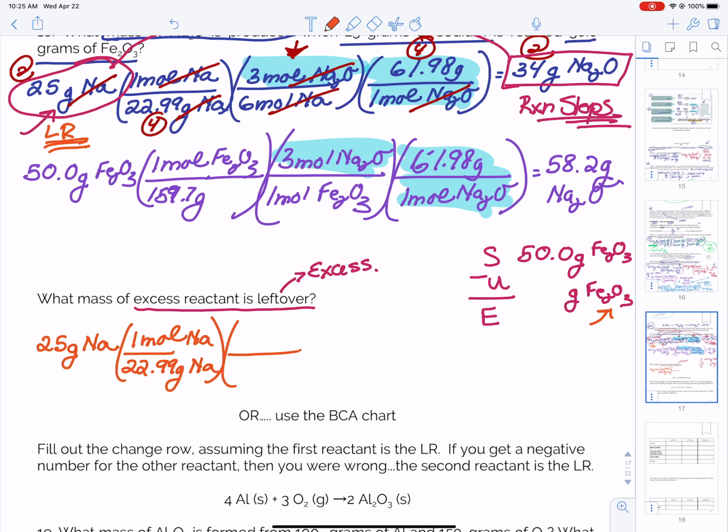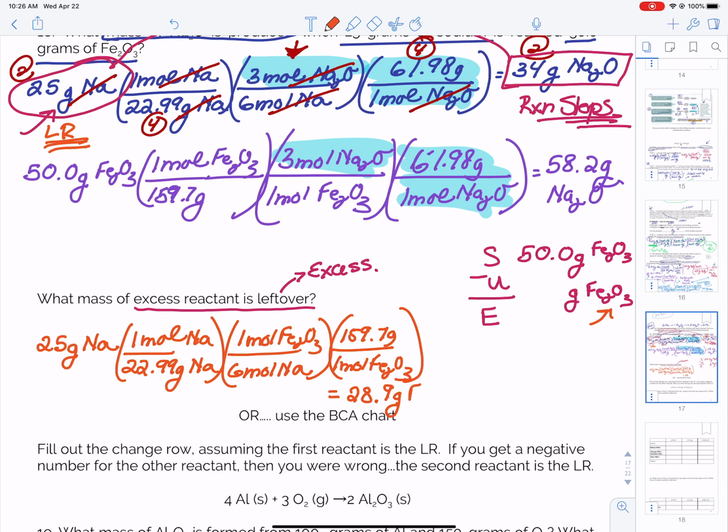Then I use the coefficients from the balanced chemical equation: 6 moles of sodium will react with 1 mole of Fe2O3. Convert back to grams: 1 mole of Fe2O3 is 159.7 grams.